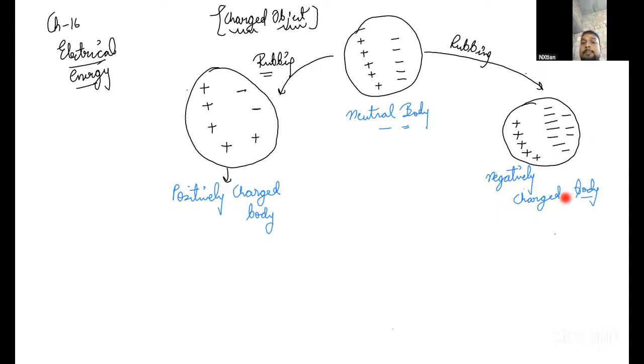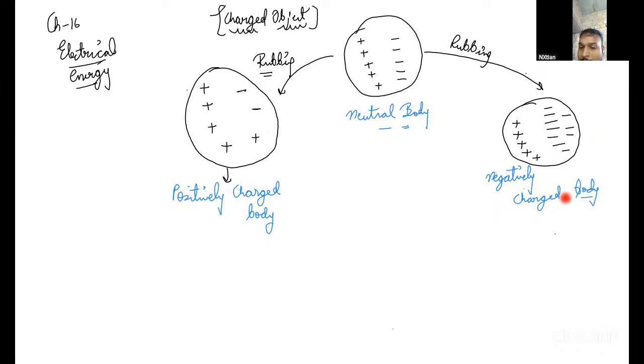Now we know that a magnet will stick with iron. The magnet has magnetism, but iron is not a magnet. Iron is neutral, but still the magnet will attract the iron.